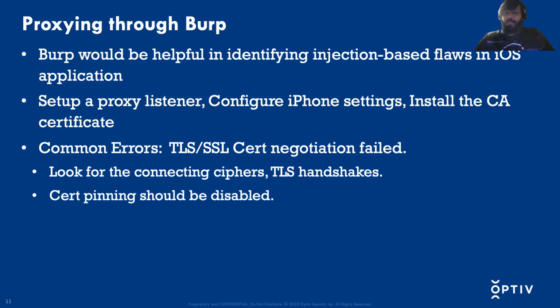Burp is helpful in identifying injection-based flaws in the iOS application. There are certain occasions where you can change the HTTP request header from the application and then send it to the server, and then you receive a response. The request contains a malicious payload that gets executed on the iOS application on your iPhone.